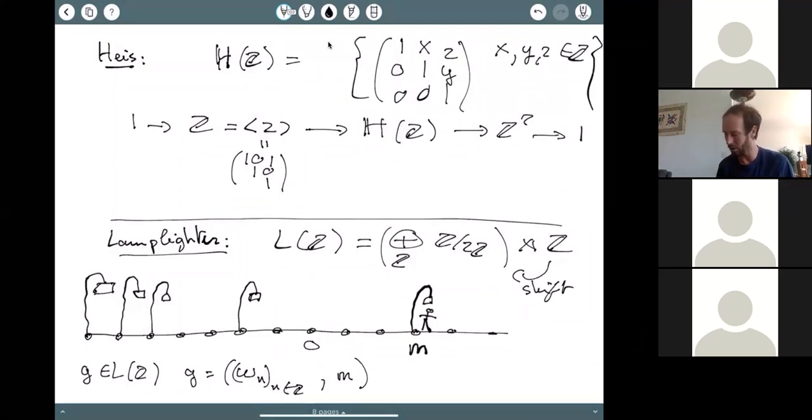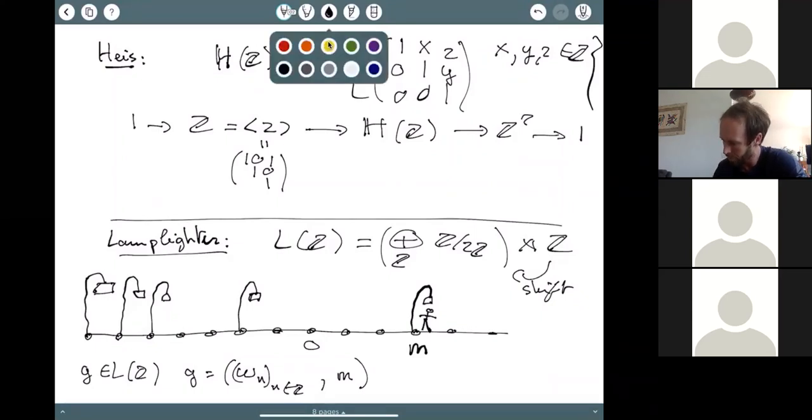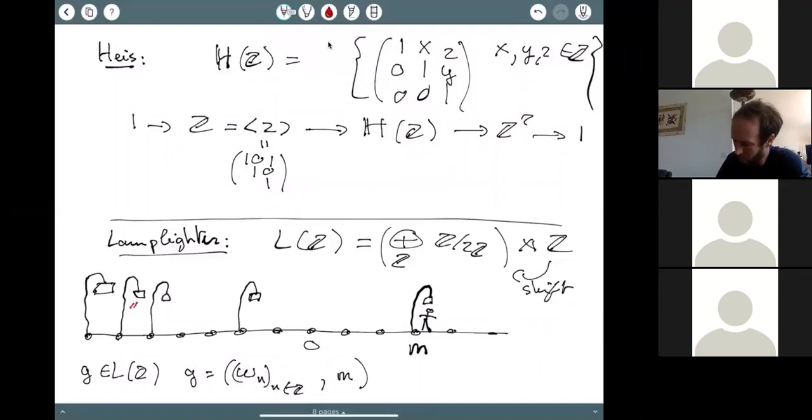So m is going to be the position of the lamplighter, and omega, the sequence of 0s and 1s, is going to tell you whether a lamp is on or off. Some of the lamps will be on, some of the lamps will be off.